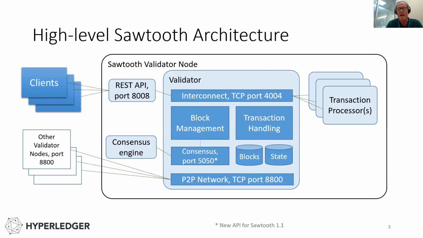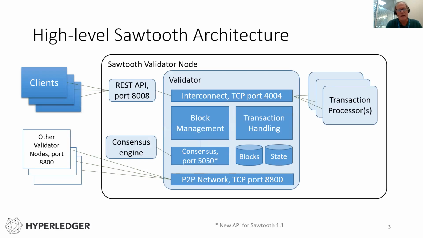You have a REST API on the upper left there, which communicates with the clients. And then you have a consensus engine, which decides which block gets published. And inside the validator, you have various parts, managing blocks and states and communicating with the other components.